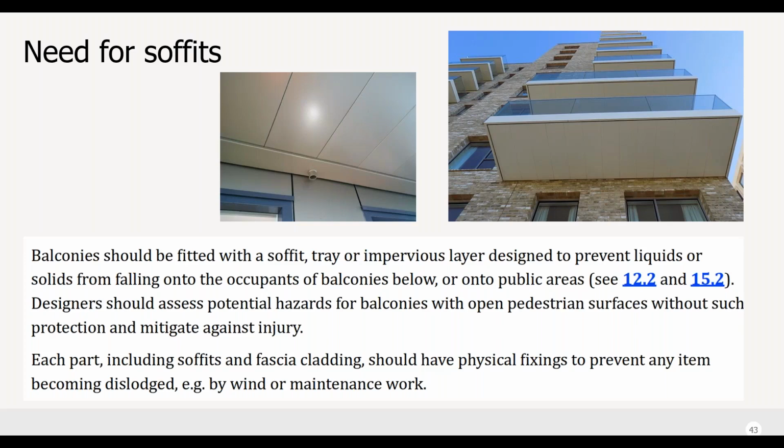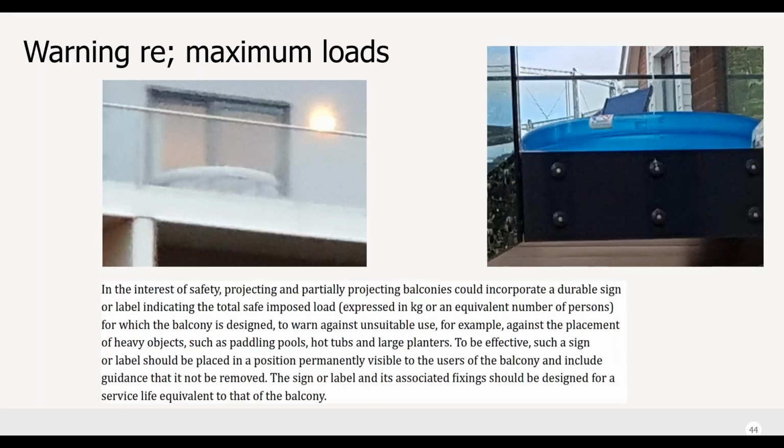The next slide shows the dangers of not ensuring that residents are aware of the safe working load of their balconies. As I mentioned earlier, some balconies in the past will have been designed to 1.5 kilonewtons per square metre.